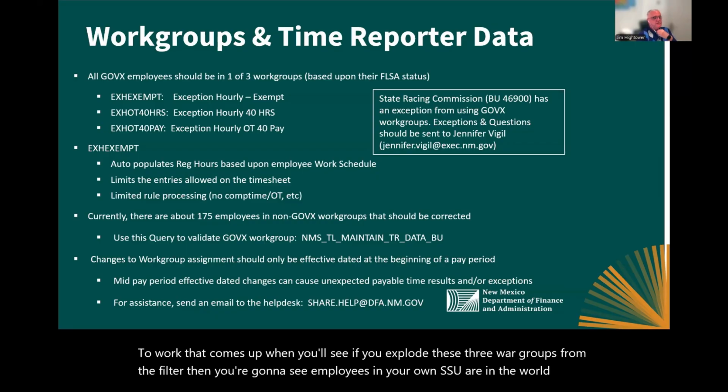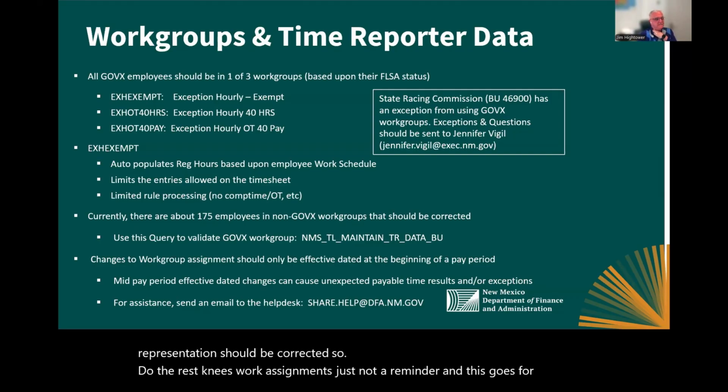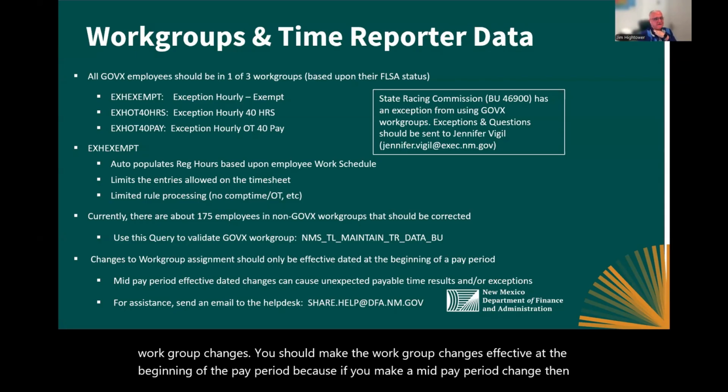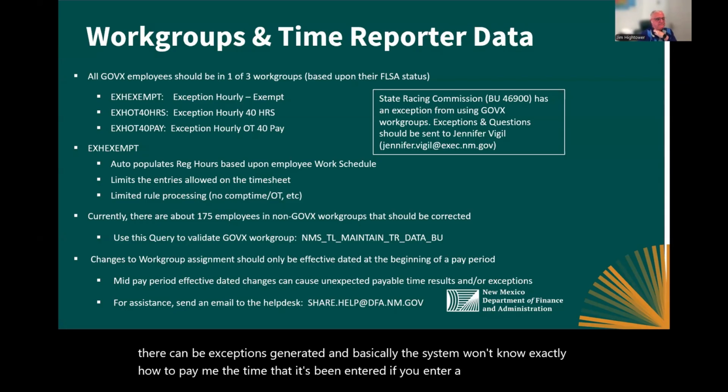And they should be corrected. So to correct these work group assignments, just another reminder, and this goes for any work group changes, you should make the work group changes effective the beginning of the pay period. Because if you make a mid-pay period change, then there can be exceptions generated, and basically the system won't know exactly how to pay the time that has been entered if you enter a mid-pay period change to the work group.